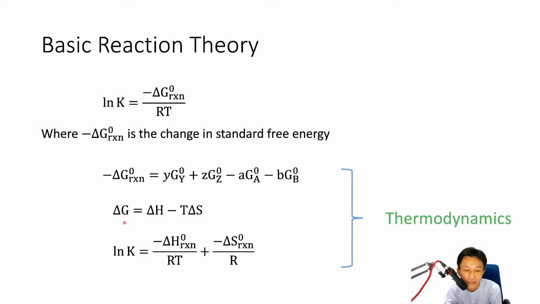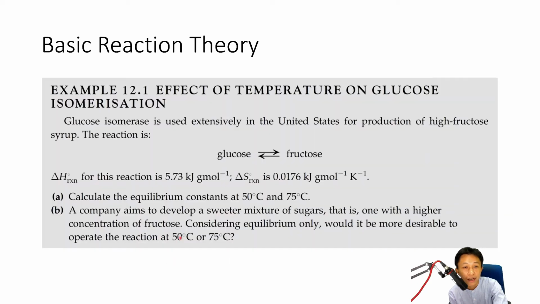And this is one correlation between delta G, delta H, and delta entropy. This is from thermodynamics, and then you change this to RT. It's the same equation like this. We might use this equation later on.